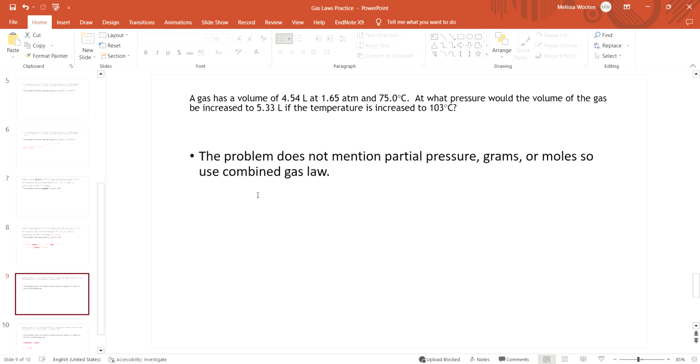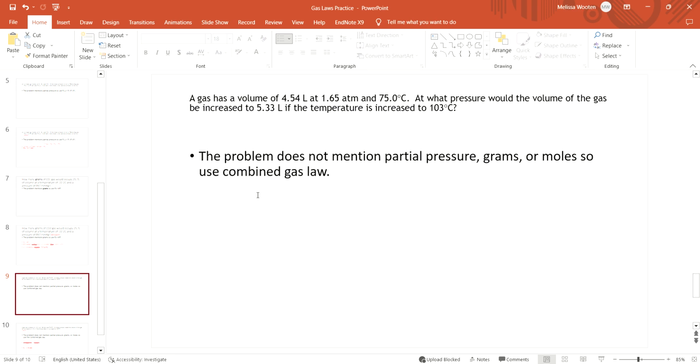Alright, a gas has a volume of 4.54 liters at 1.65 ATM and 70 degrees Celsius. At what pressure would the volume of gas be if it is increased to 5.33 liters and the temperature is increased to 103 Celsius? So that's a lot, right? But we're going to logic our way through it. The problem does not mention partial pressure, grams, or moles.